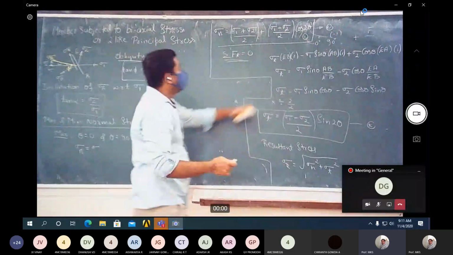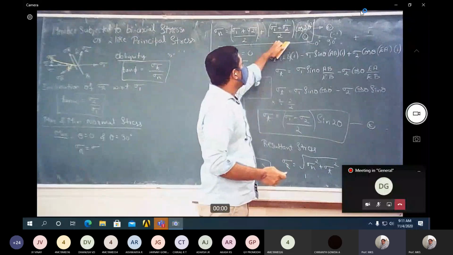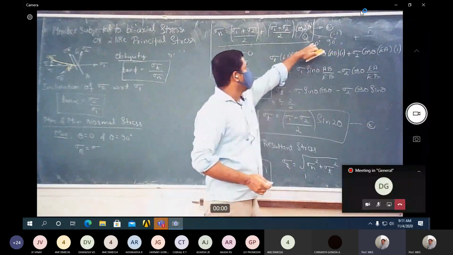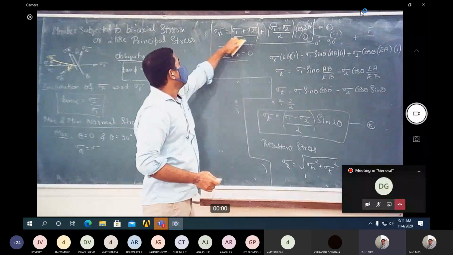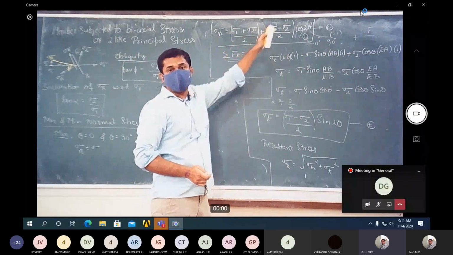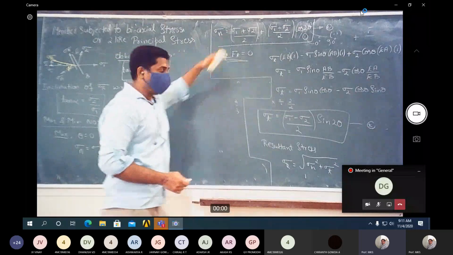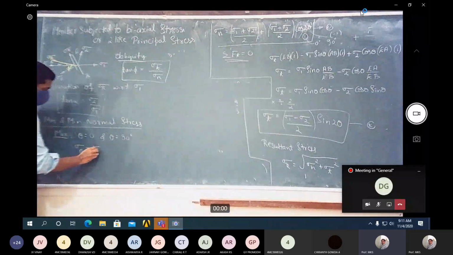If you just multiply these terms with 1 and multiply this with minus 1, when theta is 0, you will end up with sigma n equal to sigma 1. Sigma 2 terms will get cancelled. You will get 2 times sigma 1 by 2, then the 2 gets cancelled, and you will be remaining with sigma 1.